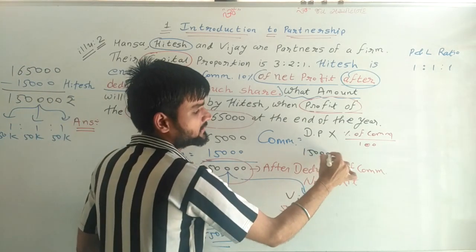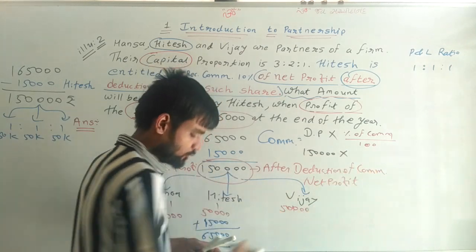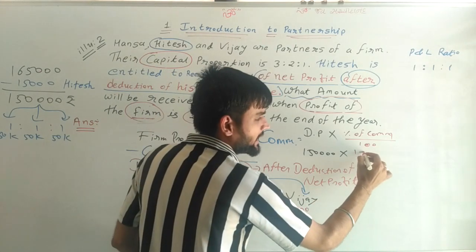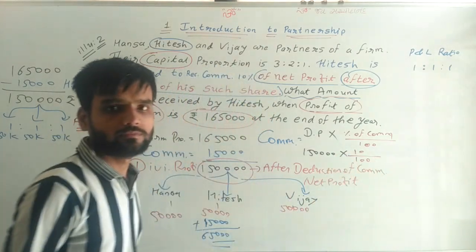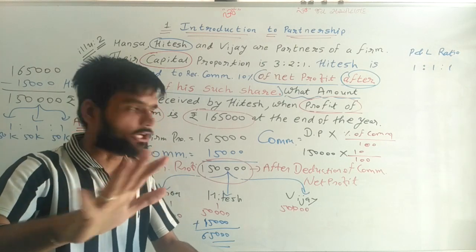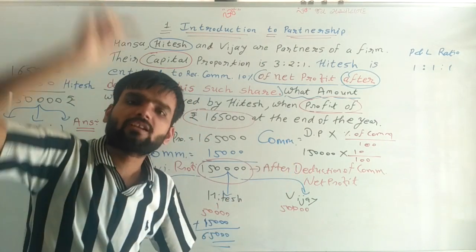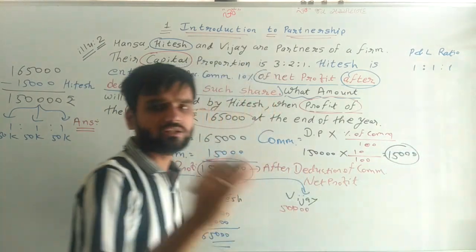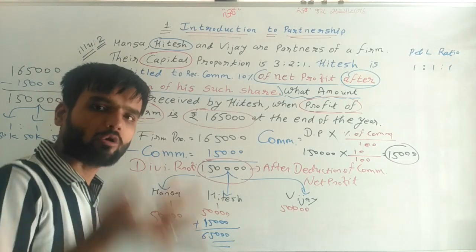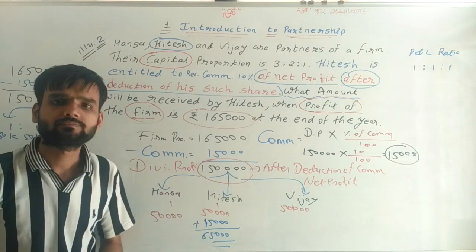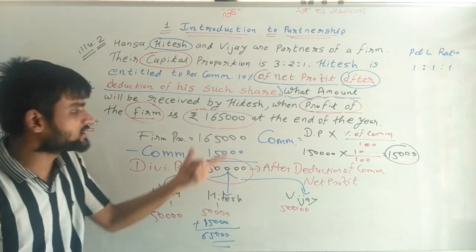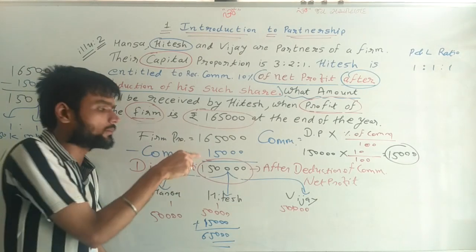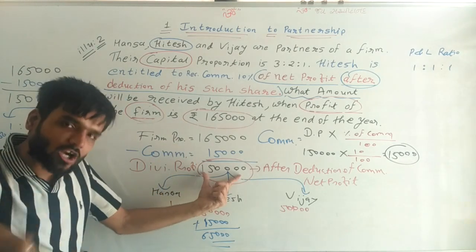Into the percentage of commission, which is 10%. So into 10 divided by 100. Or directly you can calculate in a calculator: 1,50,000 into 10%. You will get the answer of commission, and that commission is 15,000 rupees. That you have already found, 15,000, because you found it on the basis of 1,65,000, which is the firm's profit that includes commission. And this is after deduction of commission.